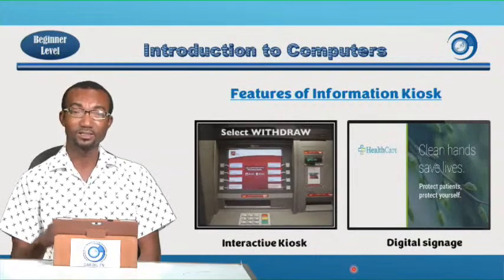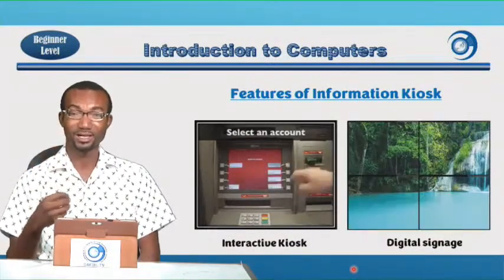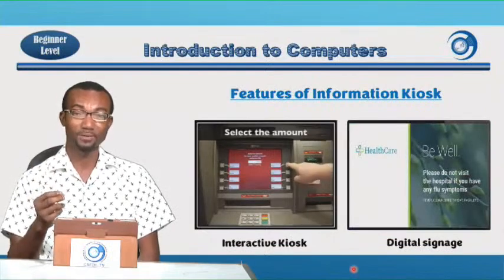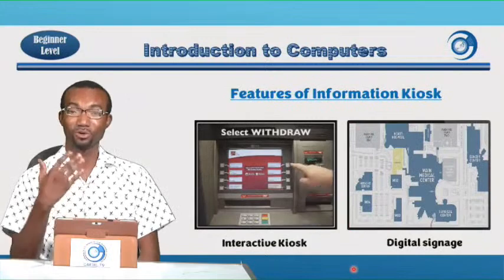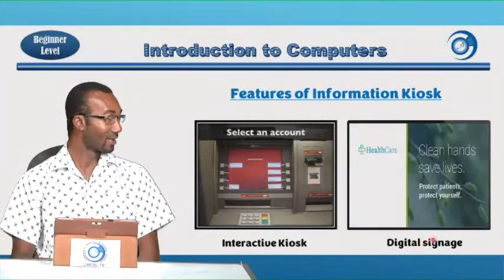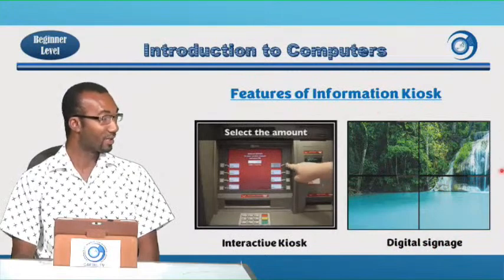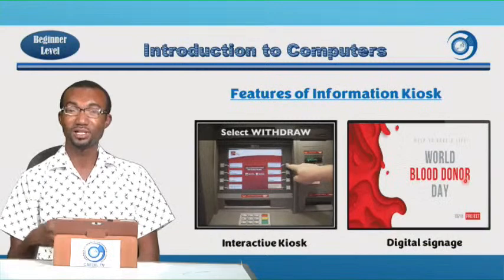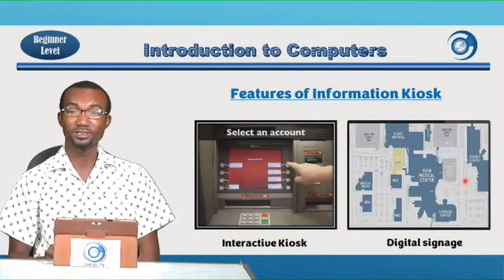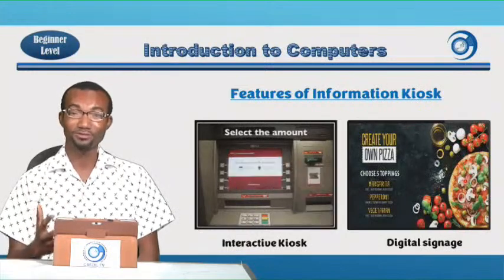non-interactivity, it means that you can only watch. You cannot interact. You cannot press anything, or the machine cannot ask you to do something for you to also reply. An example is the digital signage. You normally see these big screens outside, and they are normally used for providing information to customers or people around, or for adverts.